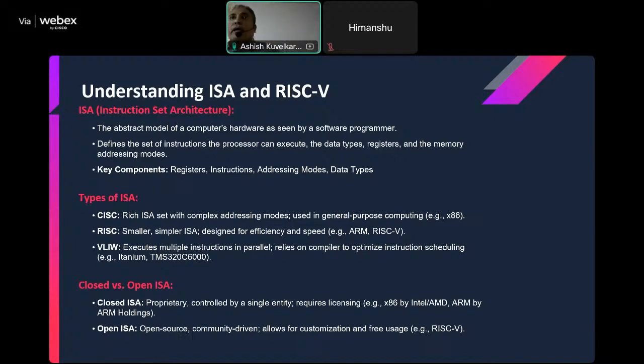Right? Now, coming to what's closed and what's open. If you look at an ISA like either the x86 or the ARM ISA, these are closed to the extent that maybe some of them are not even licensable anymore, like the x86. The ARM architecture is a licensable architecture. You pay a ton of money to license the architecture if you want to go and do your own ARM CPU.